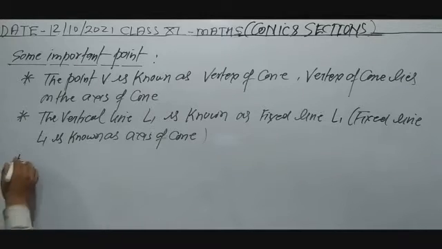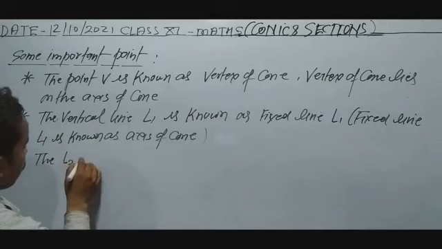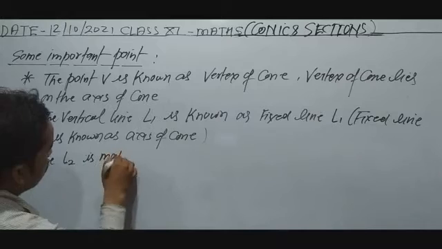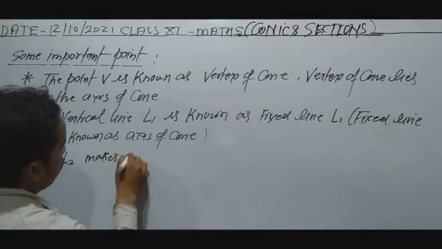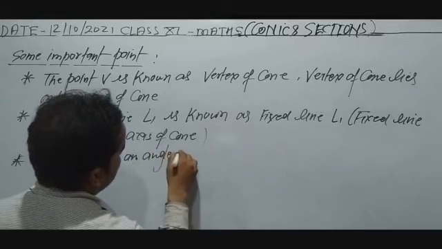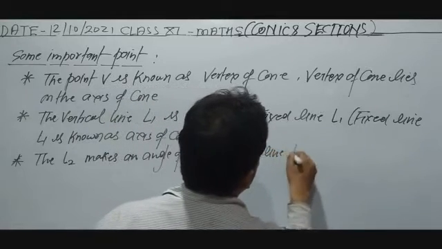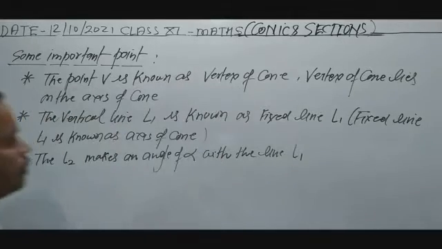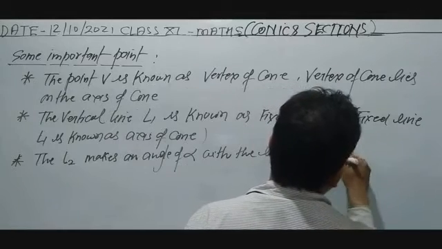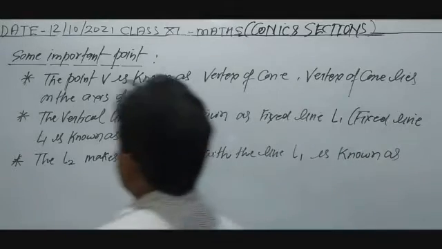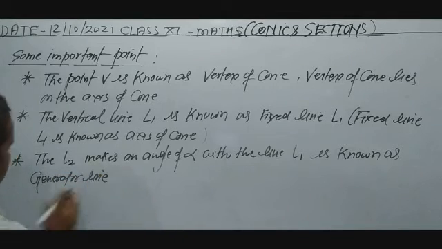Suppose the line L2 makes an angle of alpha with the line L1, it is known as the generator line.